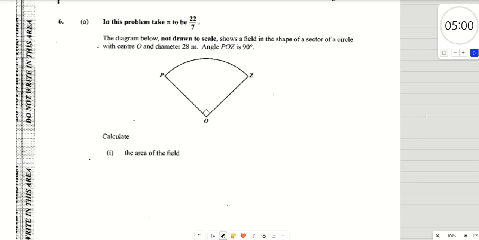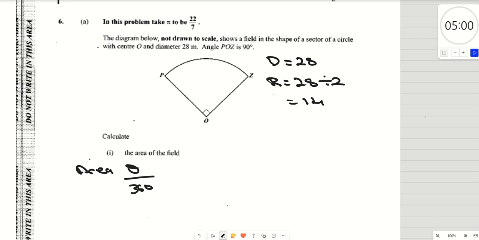First off, if your diameter is equal to 28, then your radius is equal to 28 divided by 2, which is equal to 14. Area of a sector is theta over 360 multiplied by pi r squared. What is theta?